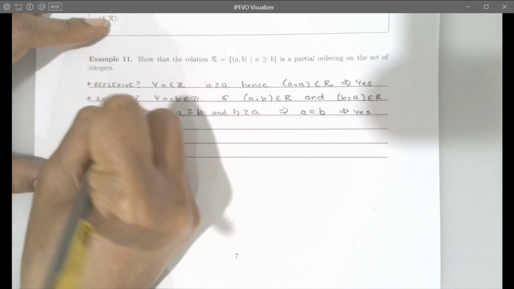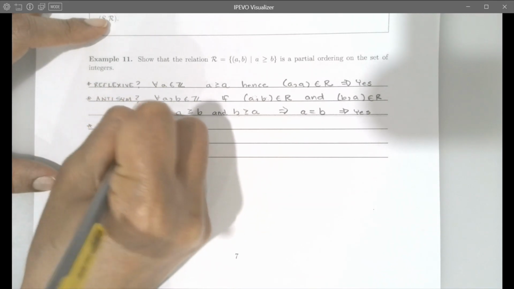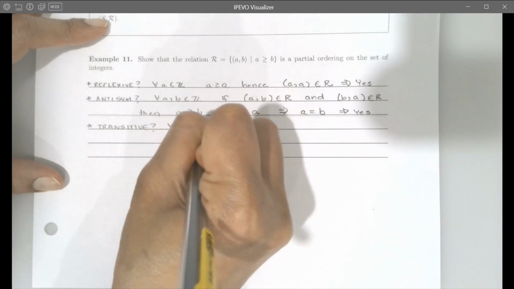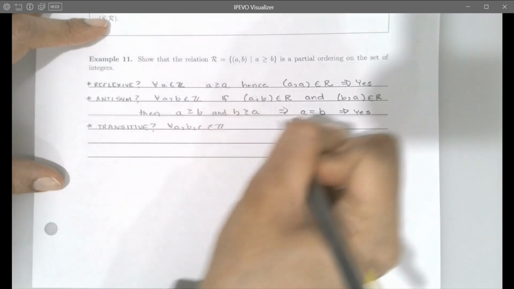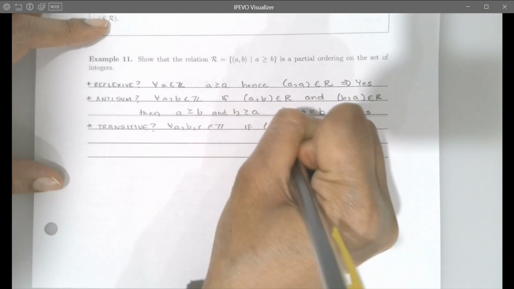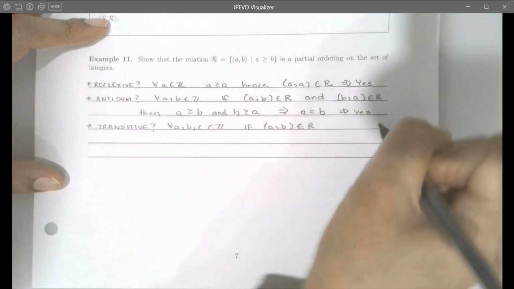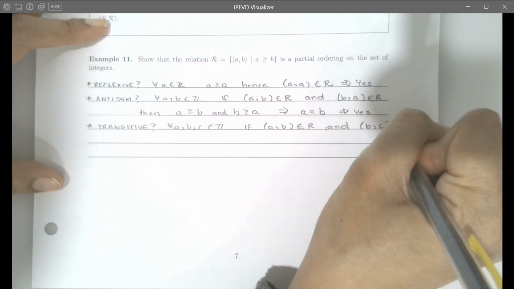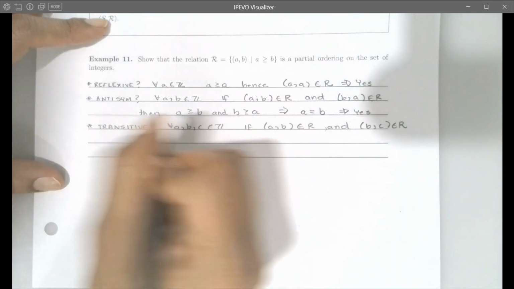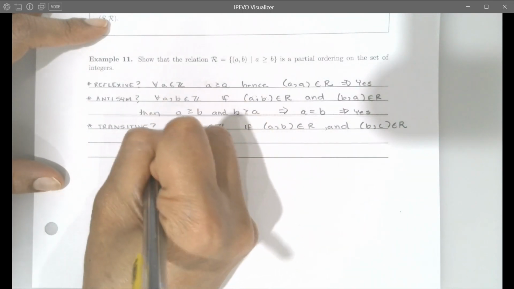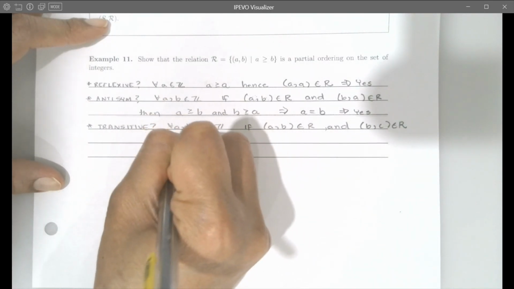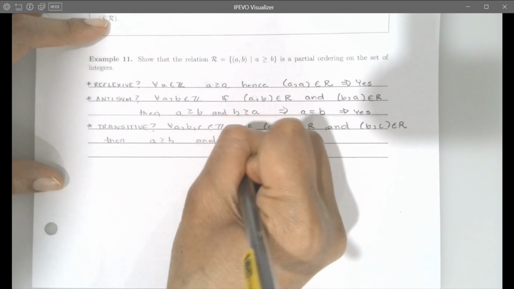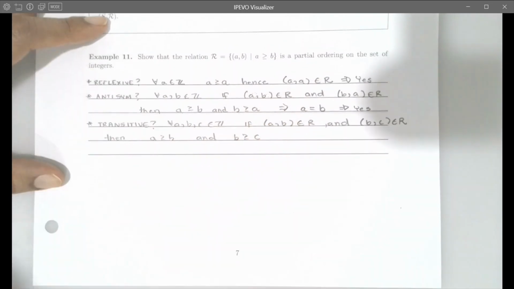And finally, is it transitive? Well, let's see. For any three integers a, b, and c, if we have (a, b) being part of the relation and (b, c) being part of the relation, then that means that a should be greater than or equal to b, and b should be greater than or equal to c.